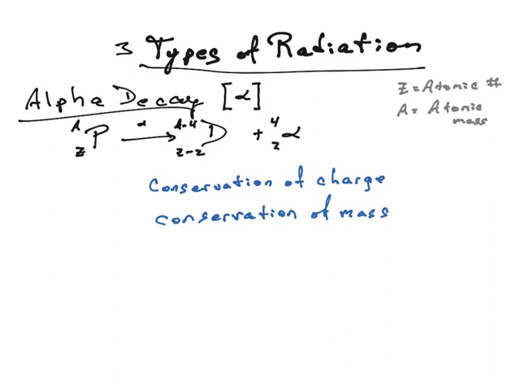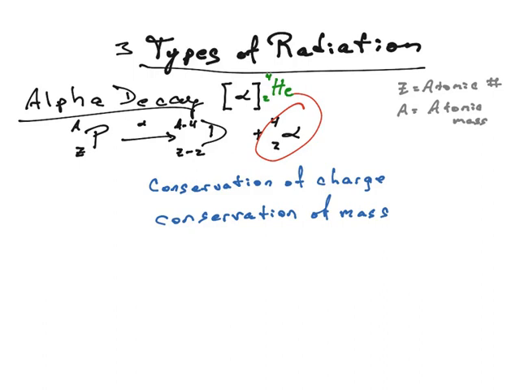Now, we can investigate this a little bit and ask, what is an alpha particle? An alpha particle is a nucleus with an atomic number of 2 and an atomic mass of 4. So all we have to do is look at the periodic table and see what element has atomic number 2. And of course, that's helium. So alpha particles are helium nuclei, atomic number 2, and atomic mass of 4.